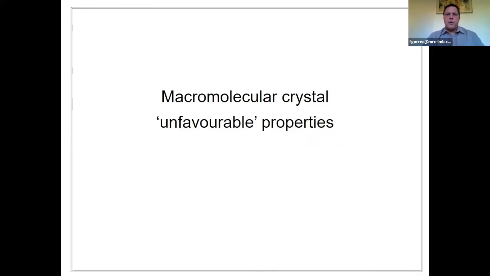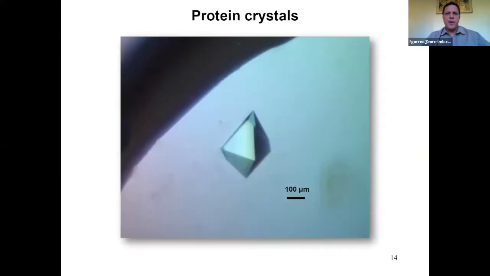Now, let's see what these unfavorable properties of the crystal are. When you look at this under a microscope, it's quite exciting because you've got a relatively good size already, and it looks symmetrical, there are sharp edges, so it's very exciting.